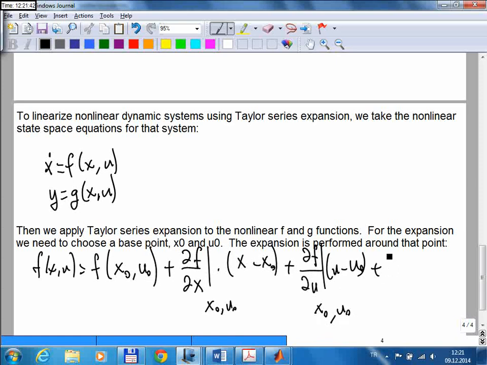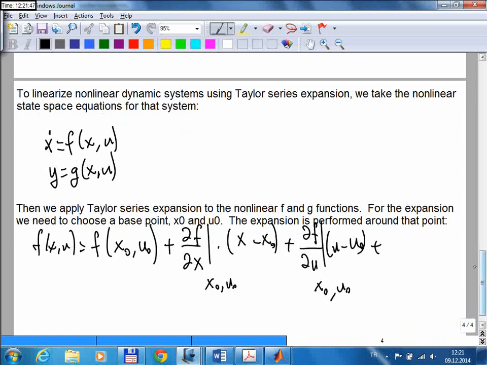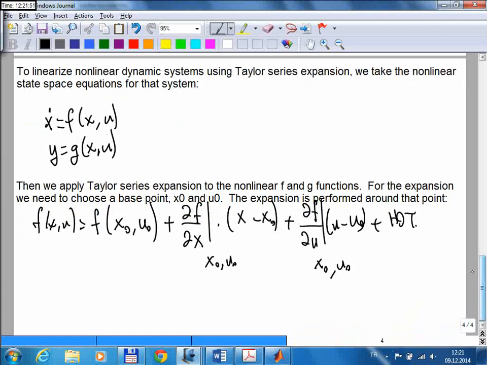Then I need to do it for higher order terms, but I'm just going to call them higher order terms because all I need is the first order terms. And this is x dot.